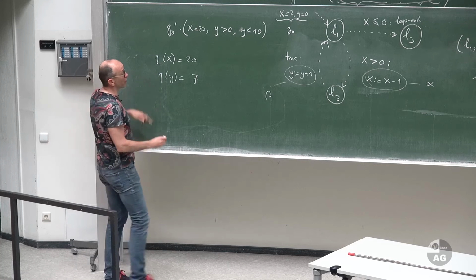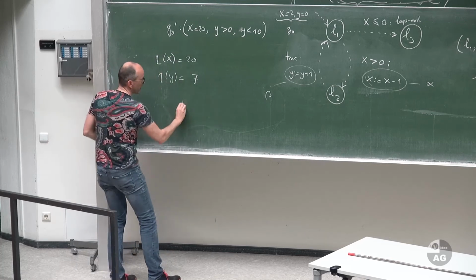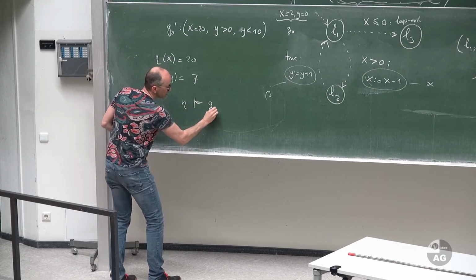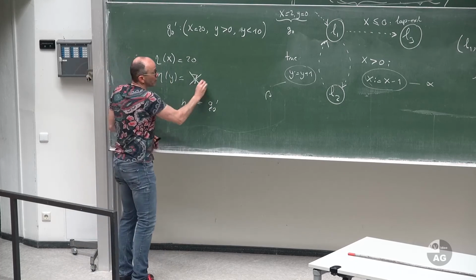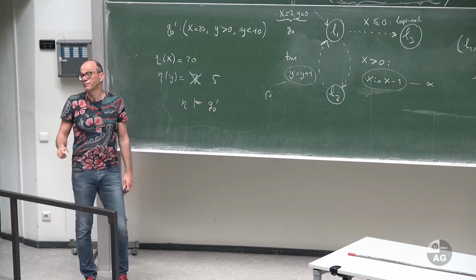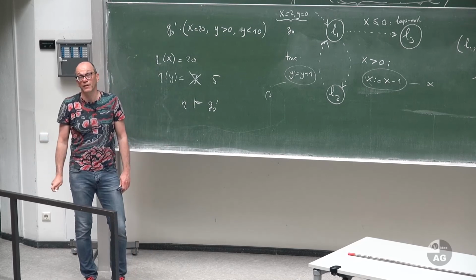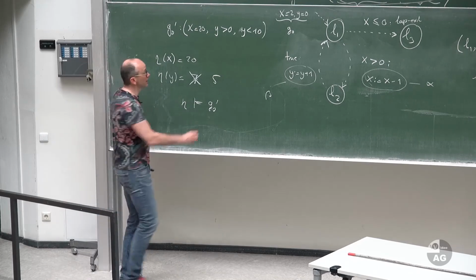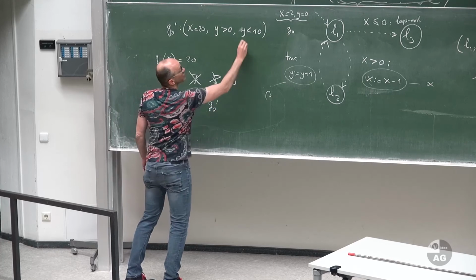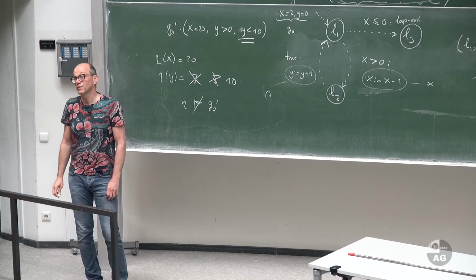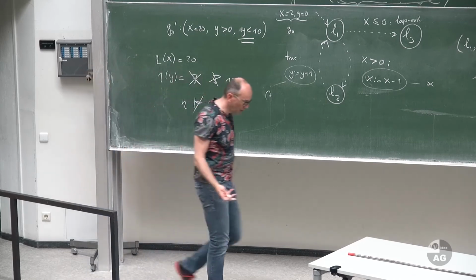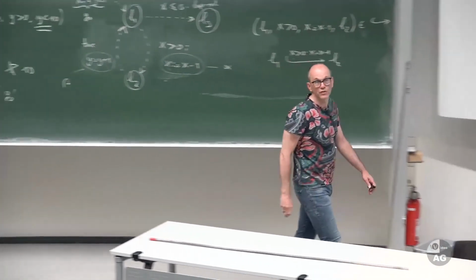And this eta satisfies G0 prime. Of course, I could make another pick. If you like 5 better, you take 5. It's still satisfying the condition, that's okay. If you make the wrong pick, let's say 10, 10 is violating this condition, so now I have an eta that violates this condition. And the only initial states I allow are those that satisfy the initial condition.